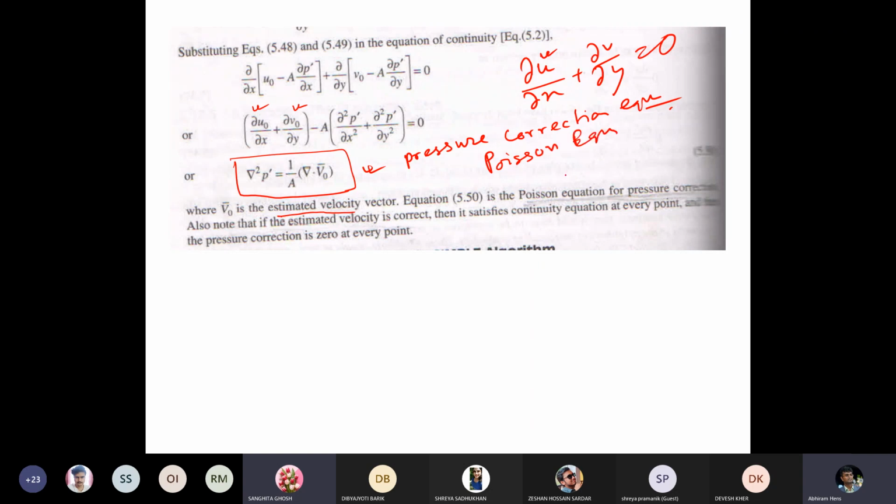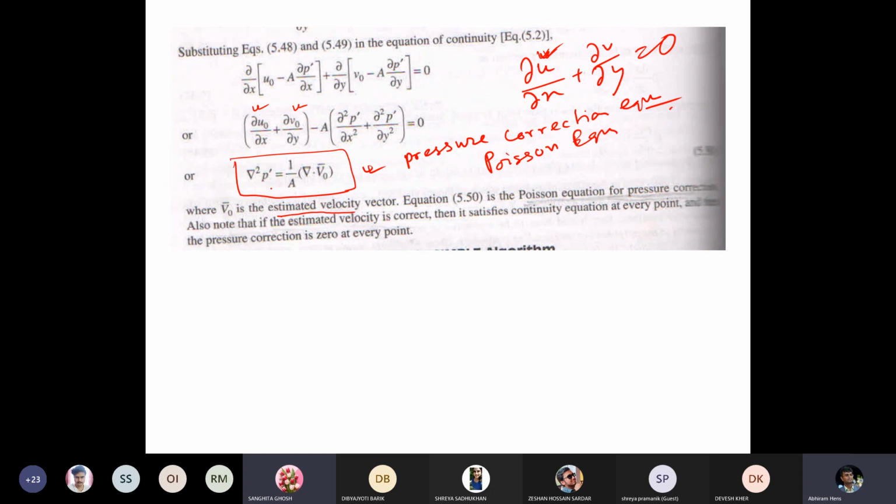In the solution of the Navier-Stokes equation, we do not directly solve the continuity equation. Rather, we put the values of u and v in the continuity equation from this correction term based on the SIMPLE algorithm. If you put in this estimated correction value, you get this equation.